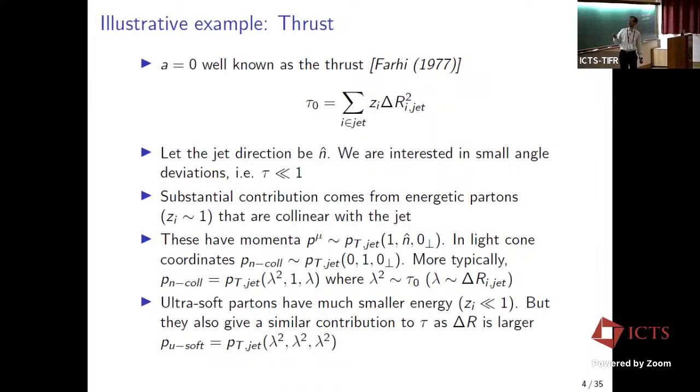Suppose you have a jet direction in some direction n, and we are looking at small deviations around this jet direction. That means that delta R is small, so tau is much, much smaller than 1. And now the question is, how does this distribution look?